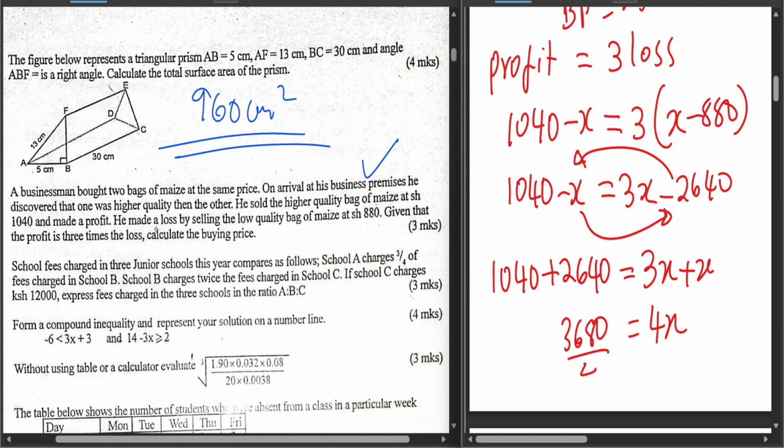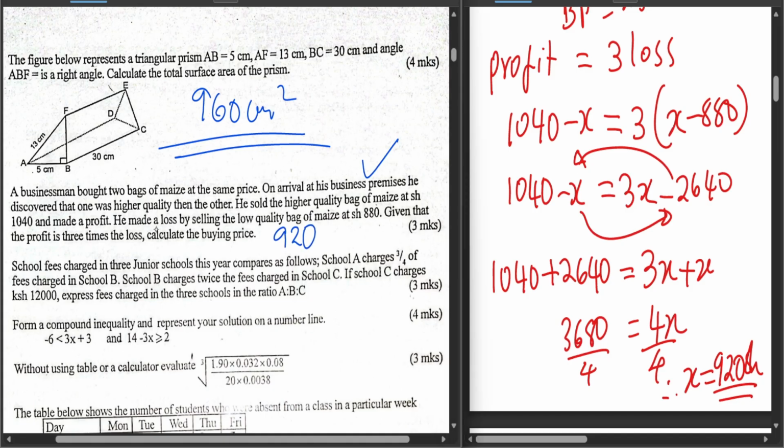Then divide by 4, and therefore X is equal to 3,680 divided by 4, which gives you 920 shillings. That is the buying price, by the way.